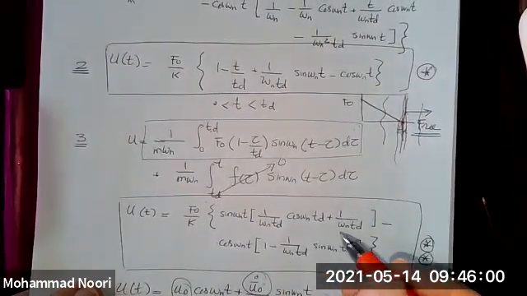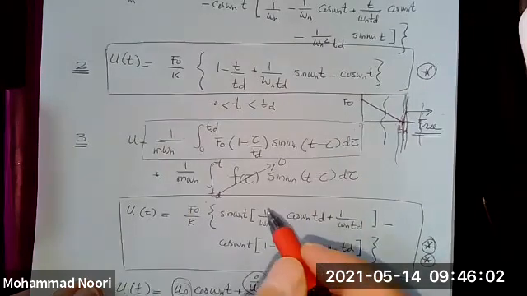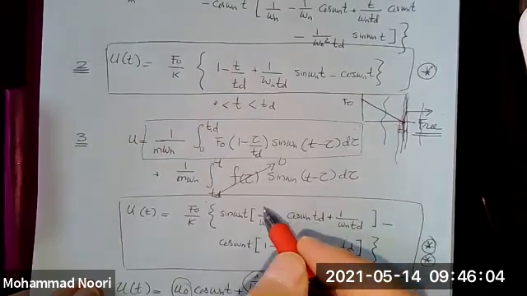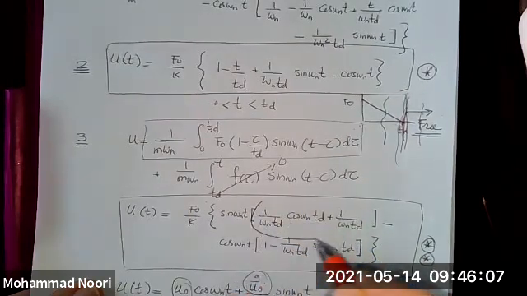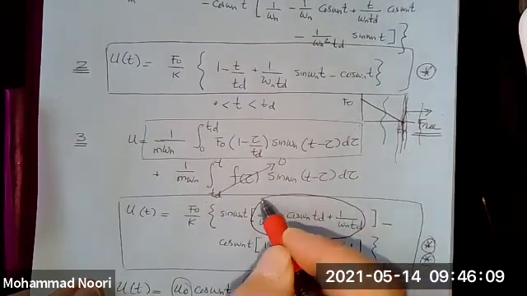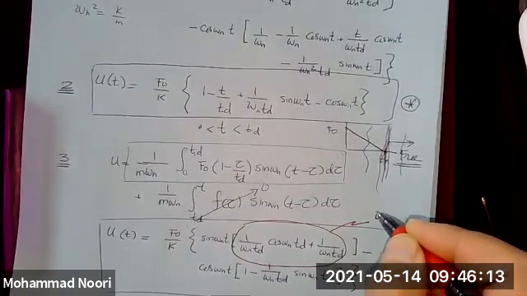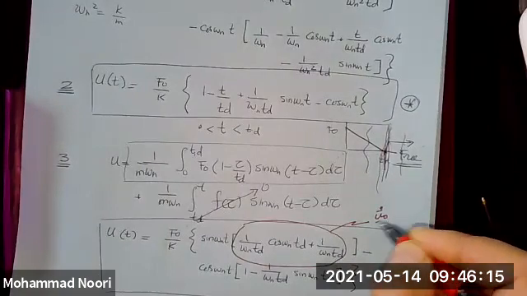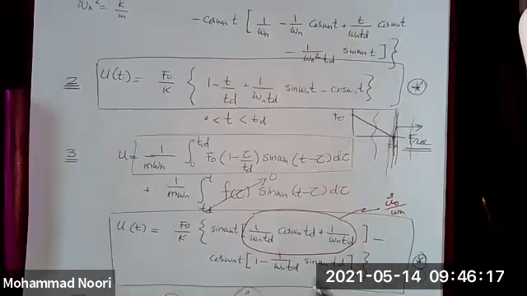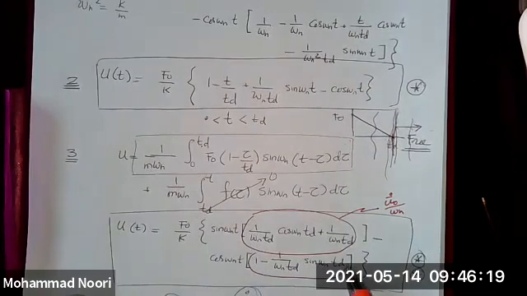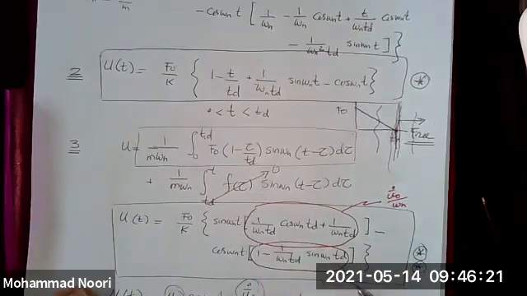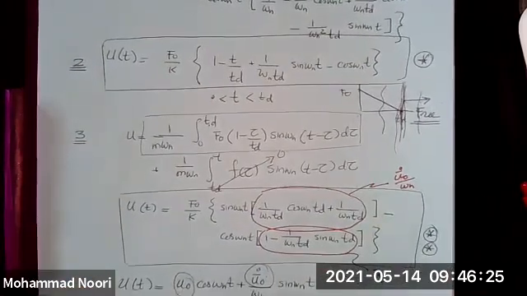If you do that, you can easily see that this is going to be your u dot naught over omega n, and this is u naught, the initial conditions.